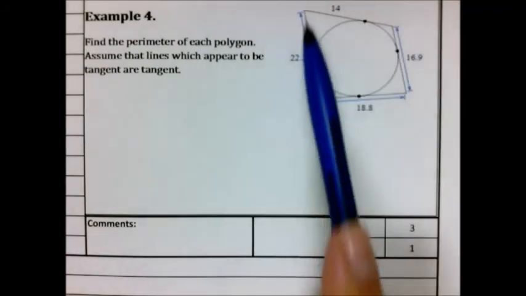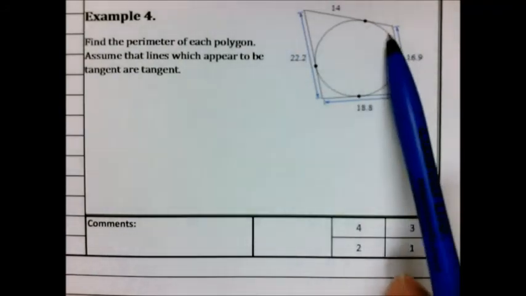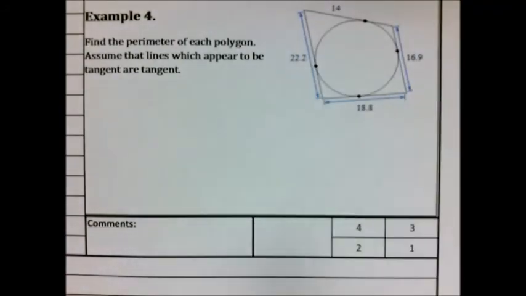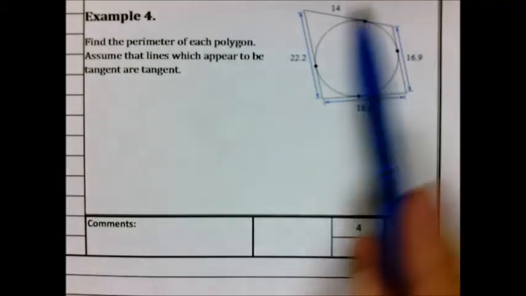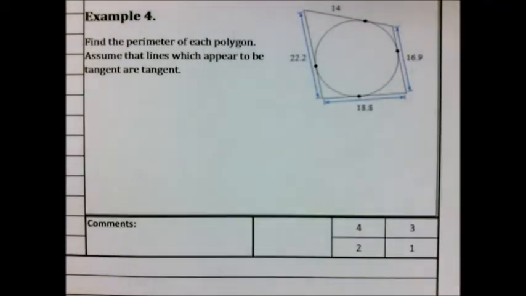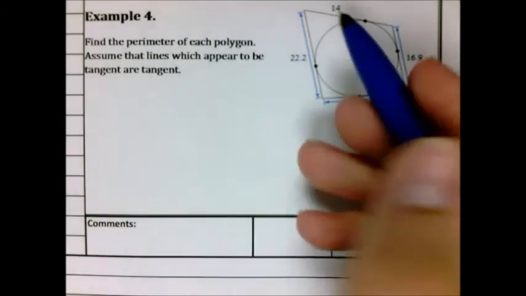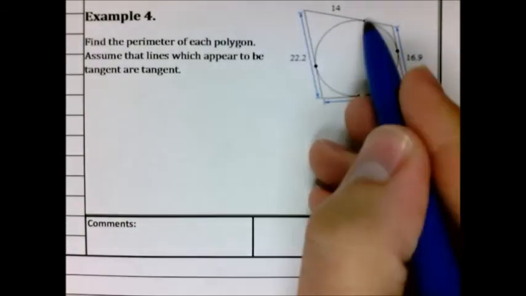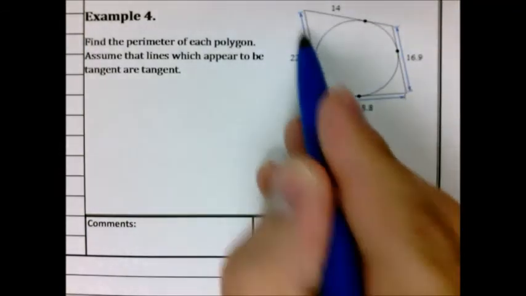All right, example 4 says to find the perimeter of the polygon. Remember, polygons have 4 sides. And what we've done is built a circle in here. Assuming that the lines are truly tangent, we can figure out what this perimeter is going to be. Because remember, from an external point, the distances to the points of tangency are going to be exactly the same.